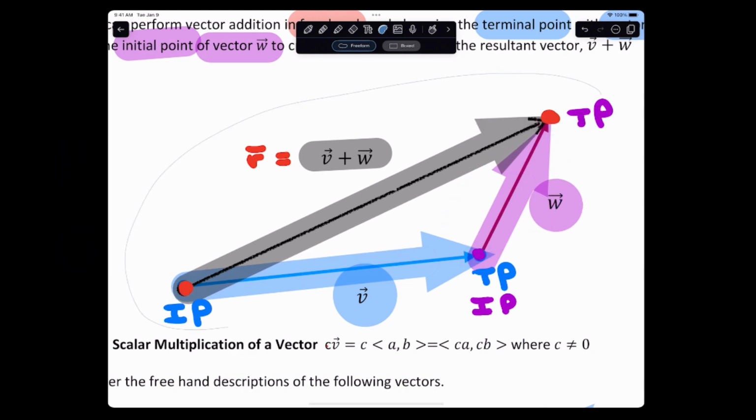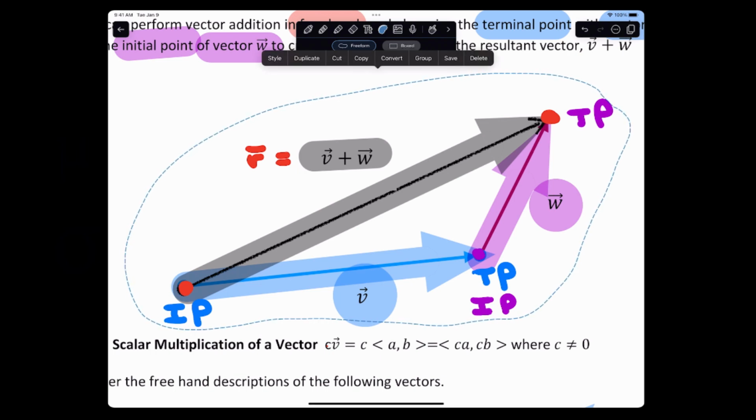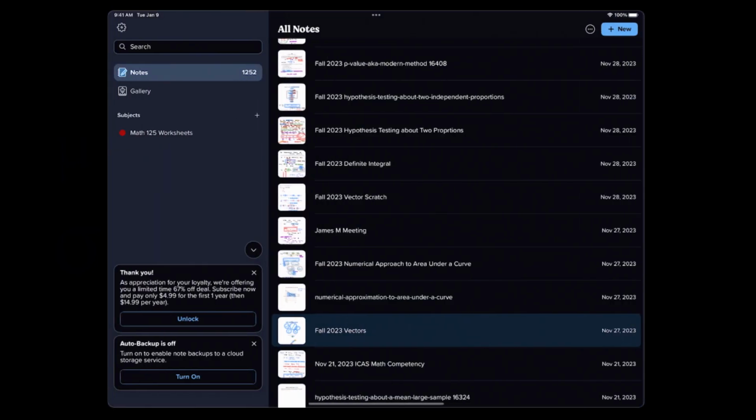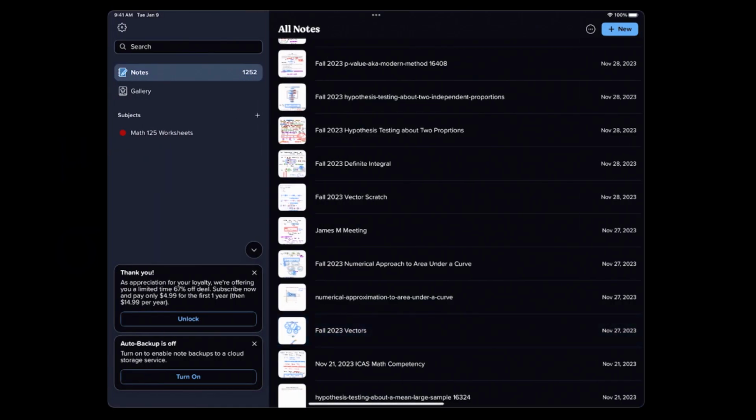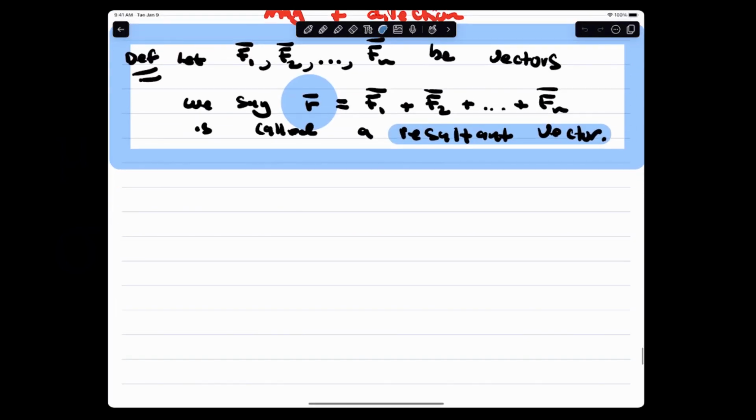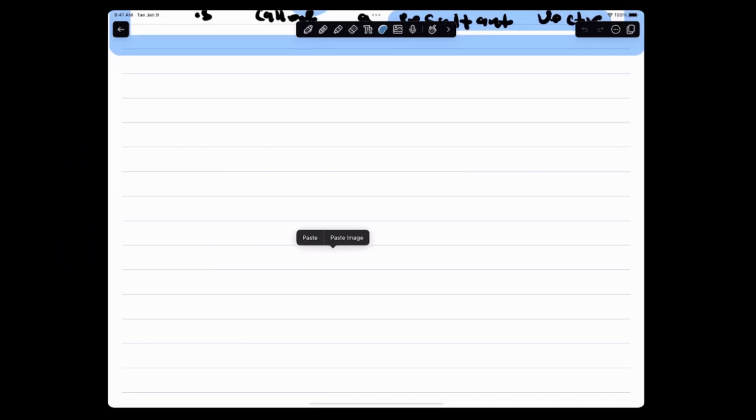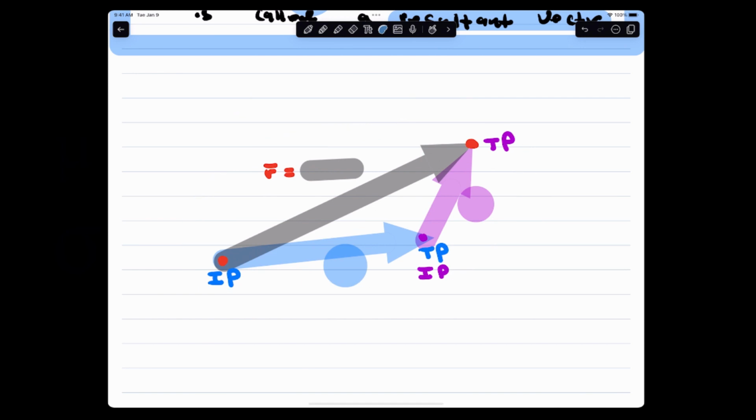So what I'm going to do here is this. I'm going to copy this here for us. If I can, I'm going to go back to the Scratch here. And show you kind of a picture here. Let's get rid of all these here.